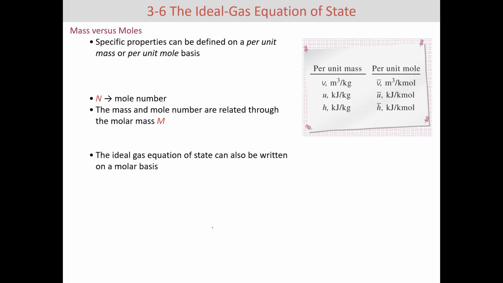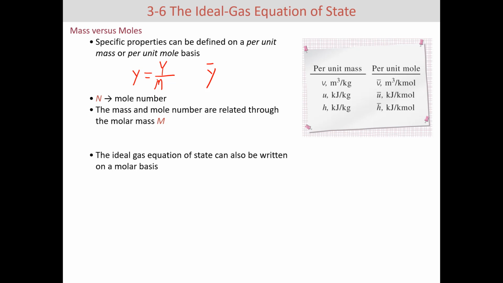Let's just look real quick and try to discern the difference between mass versus moles. Specific properties, when I use the word specific, specific means per mass, but specific properties can be defined on a per mass or a per mole basis. So if you look at something called a molar fraction of a compound, it would be the number of moles of that compound divided by the total number of moles.